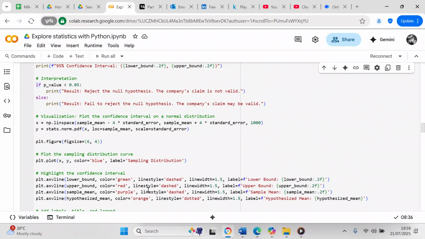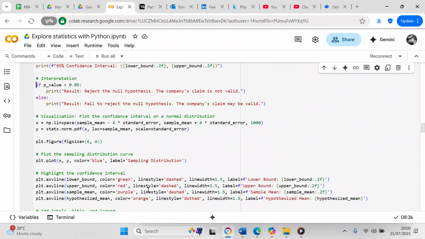So we have the interpretation. If the p-value is less than 0.05, so your alpha is 0.05 because you have a 95% confidence interval, and your significance level is 0.05, that's also your alpha, you're going to reject the null hypothesis.